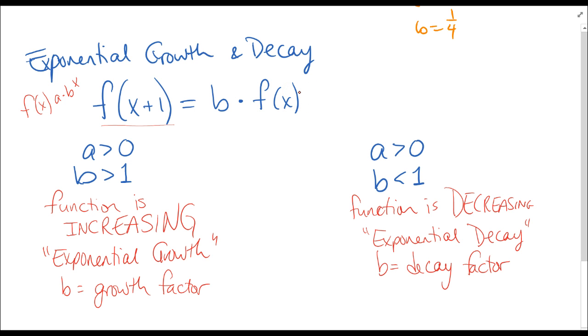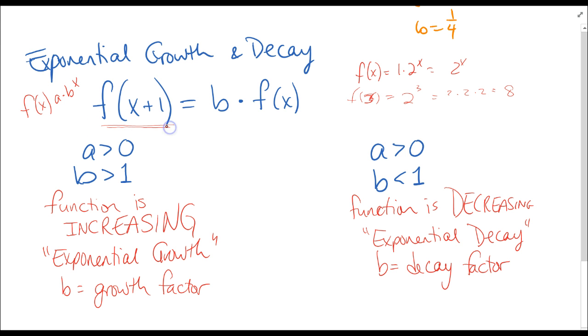So think about that. If I'm talking about a very, very simple function here, so let's say f of x was just 1 times 2 to the x, so I can write that as 2 to the x. And now I'm going to say x should be 3. So I'm going to write f of 3. Well, that would be the same as 2 to the third, which is 2 times 2 times 2, so that's 8. Now, here's the cool thing.